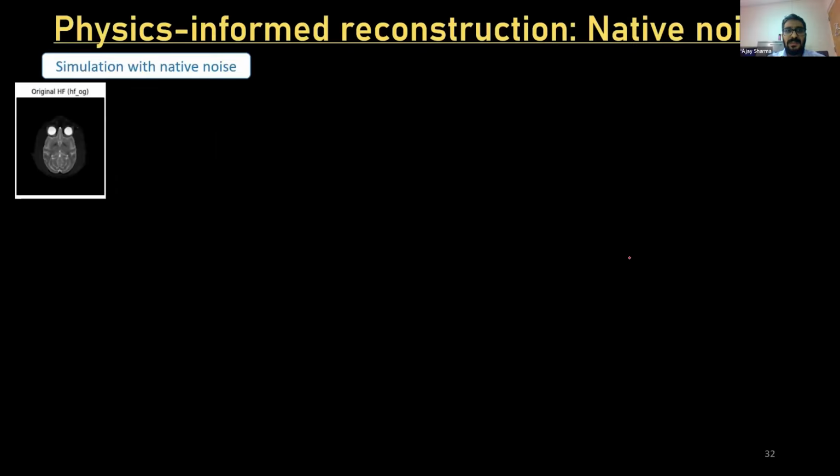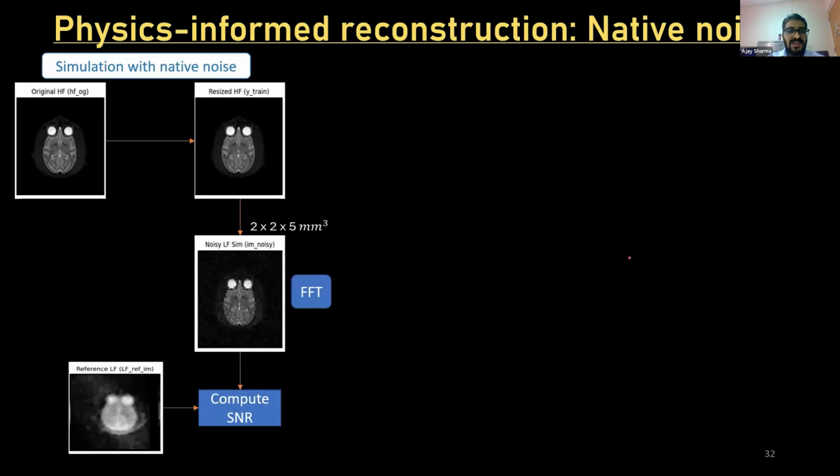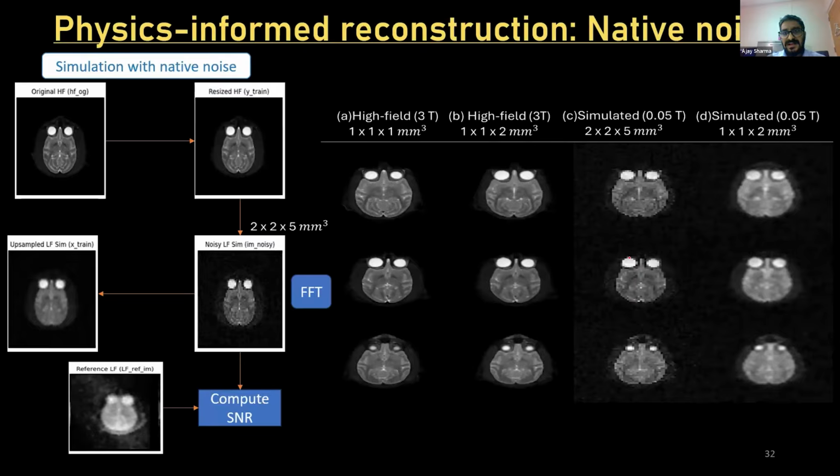Also, we trained another approach of physics informed reconstruction. It takes a high field image and adds noise, actually acquired from the low field scanners. So we added noise to the actual high field image, taking the noise from a low field scanner, adding noise until it reaches the SNR of a low field, and then recovering back the high field synthetic generated image. Based on this approach, we try to reconstruct the model.